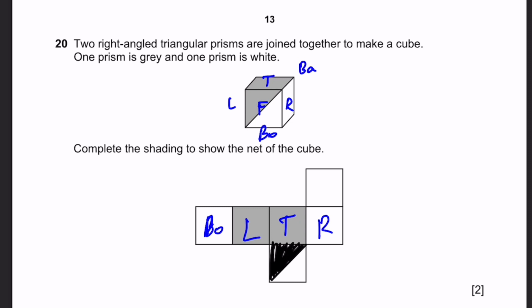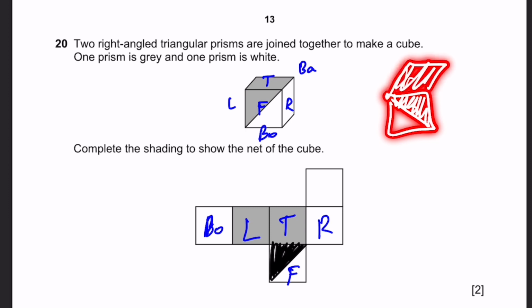And now this is the front side, and now for the back side, if you think about it, if we turn it the other way around and make the back side appear at the front, it'll be like this, right? It'll be shaded. There's the top side, there's the left side, which is full gray as well.